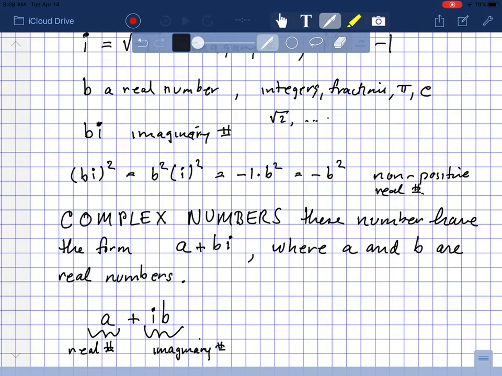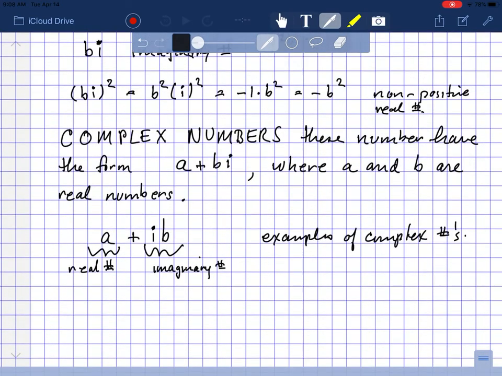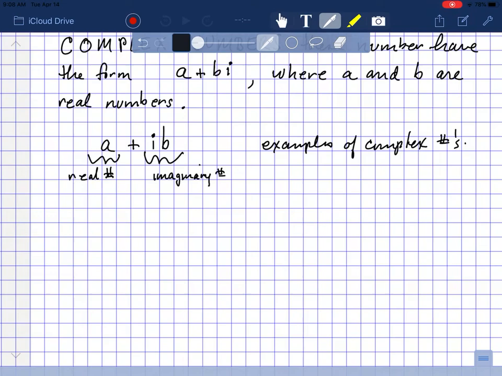So let's look at some examples of complex numbers. Well, let's say 2 plus i times 3. Okay, so this is a complex number. Here I have the real number 2, and here I have the imaginary number i times 3.